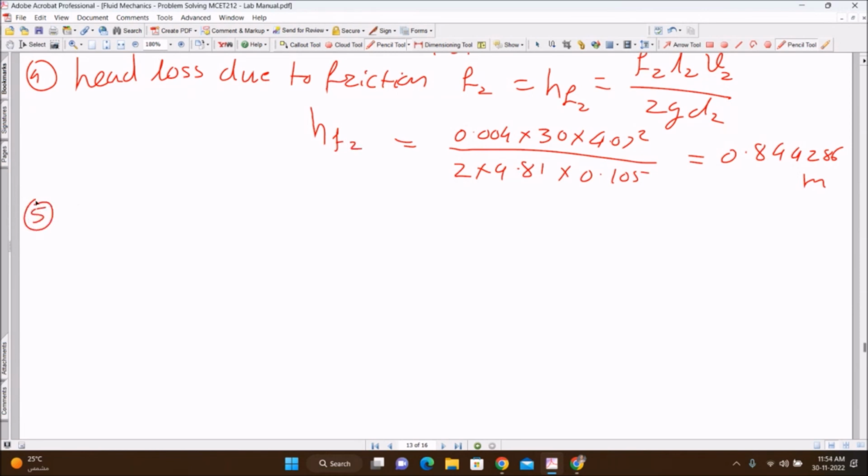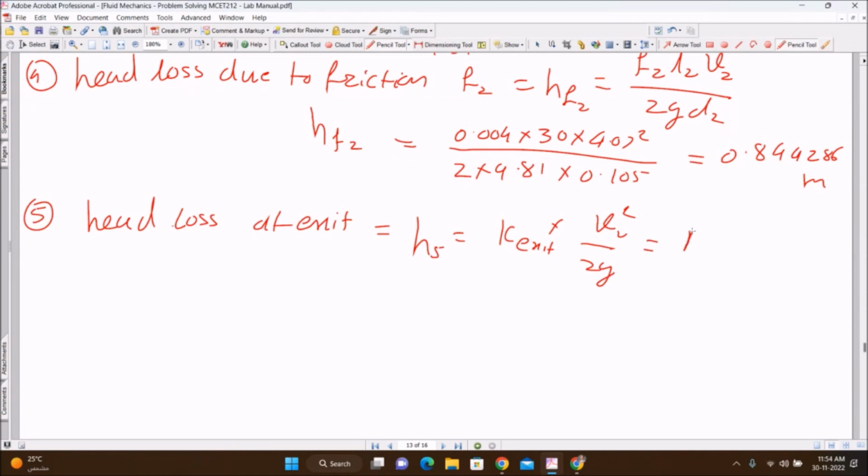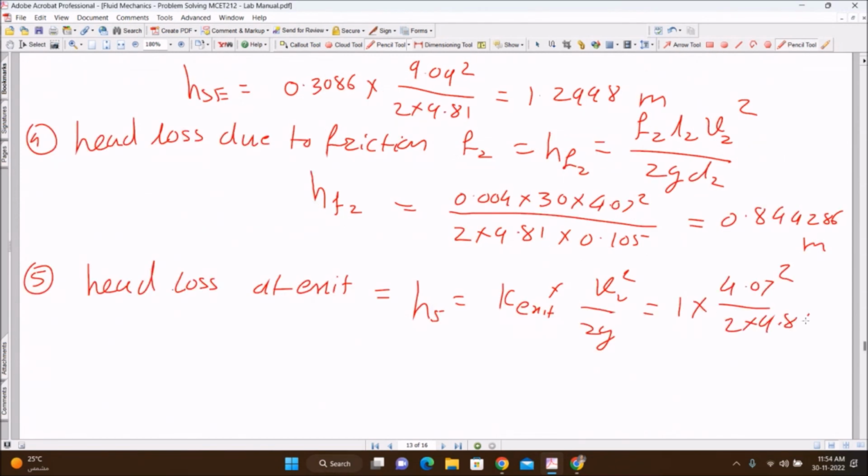Now the last, fifth, head loss at exit is equal to H5 is equal to K exit into V2 square by 2G, where K exit is assumed 1, and I told you the reason why it is assumed 1. That gives 0.844286 meter.